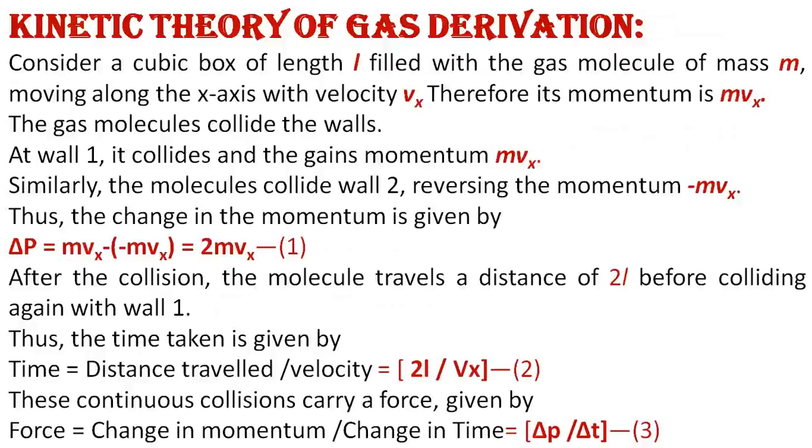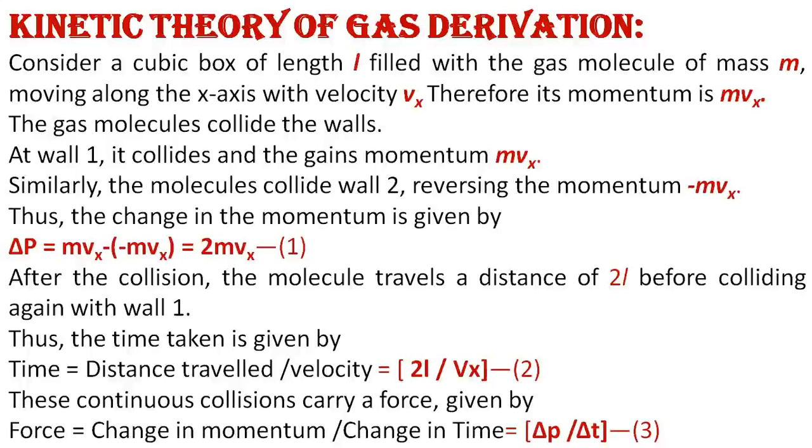Now, the derivation of the kinetic theory of gas. Consider a cubic box of length L filled with a gas molecule of mass m, moving along the x-axis with velocity vx.